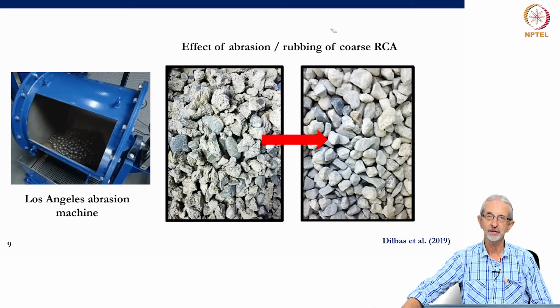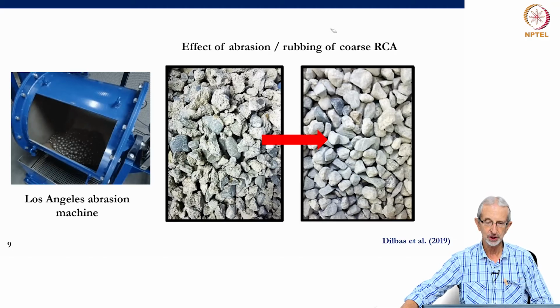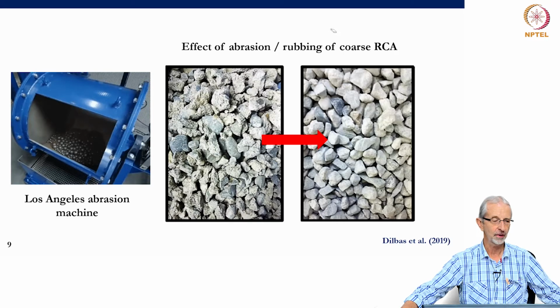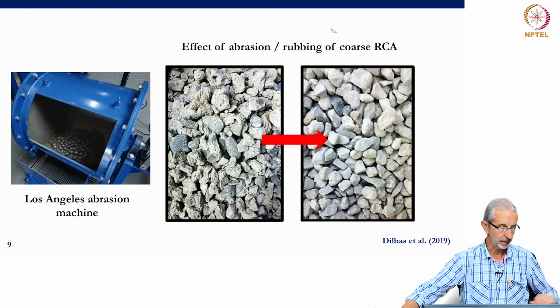And this is just a nice example of a typical mechanical scrubbing or abrasion, rubbing process. Just an ordinary Los Angeles abrasion machine with the initial recycled concrete in those chunks on the left there, put through this machine, and you can see that there's a very dramatic improvement in the quality of that recycled aggregate in the right-hand picture there, where effectively one has almost brought that back to a virgin aggregate condition.